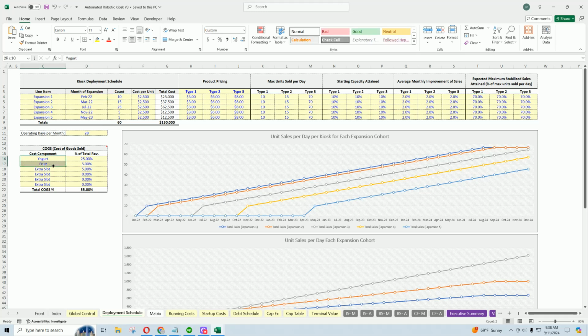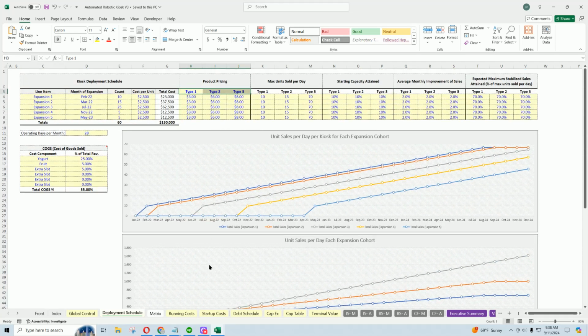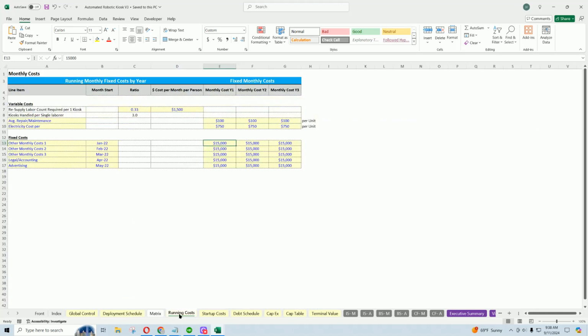And then it has cost of goods sold here. It does have 3 unit types. It has a little bit more charts, but this is more for scaling. The other model is more for single unit, going up to 10 vending machines and seeing how that goes. And you can see the running costs on here are a little bit different.